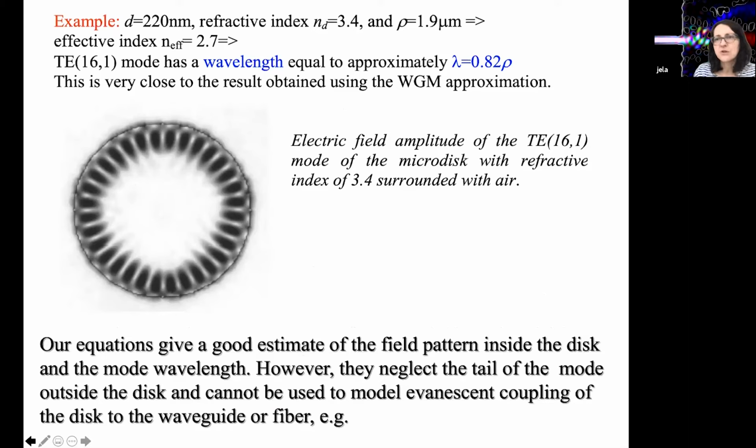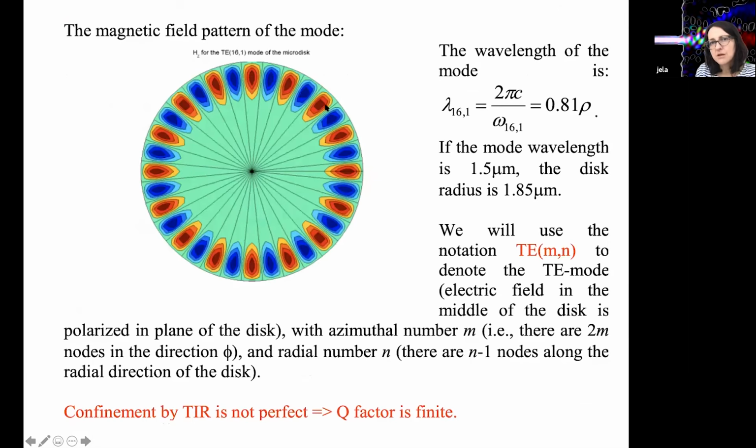So if you were interested in light-matter interaction with a quantum emitter inside of this disk, or you were calculating a lasing threshold and you know that your active material is only at the central plane, this approach gave you a pretty good approximation for the field at that central plane. You could use this analytical solution already to find either the lasing threshold or a coupling parameter between a quantum dot and the field and so on.